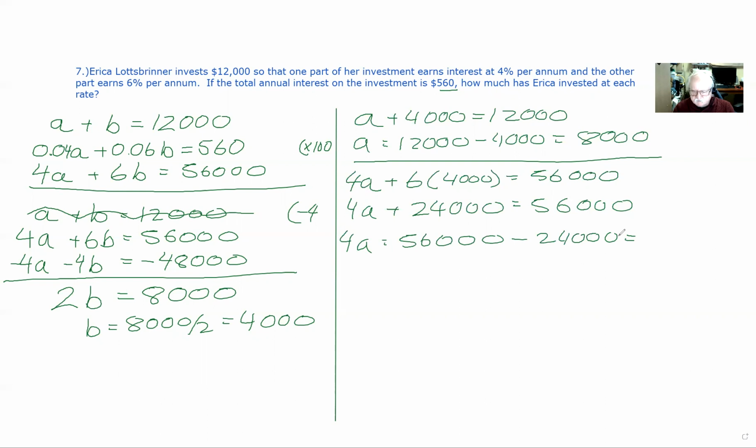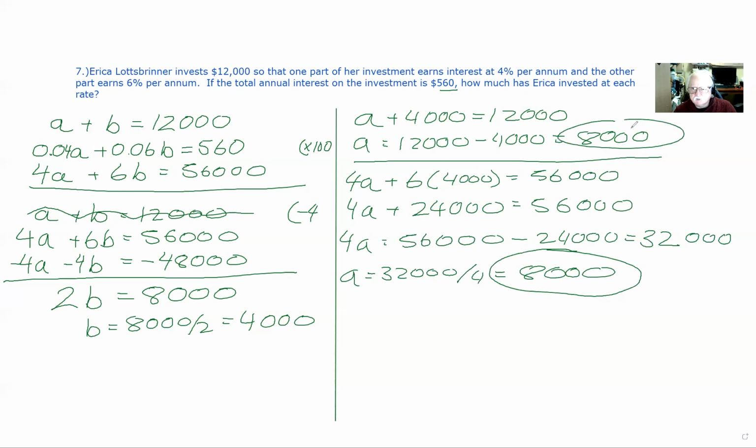So 56,000 minus 24,000 equals 32,000. So A must equal 32,000 divided by 4, which is going to be 8,000, which looks good to us because that's what we wanted it to be.